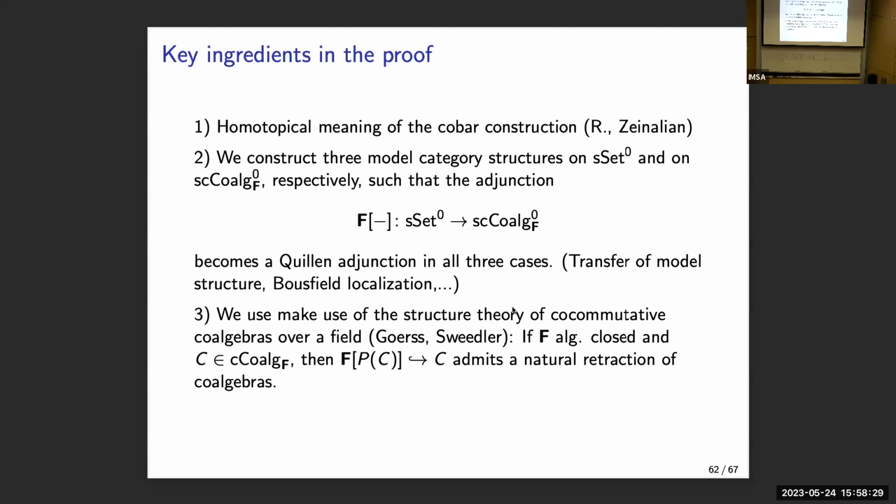There's a splitting, which is natural if F is algebraically closed. That's the key statement used in the proof that in this case the chain functor is full and faithful. I can explain how this is used if there's interest later, how to get from here to the fact that the chain functor is full and faithful. Not hard.